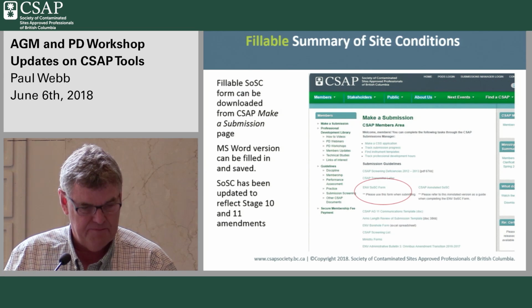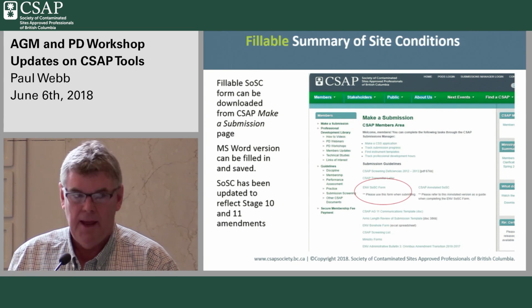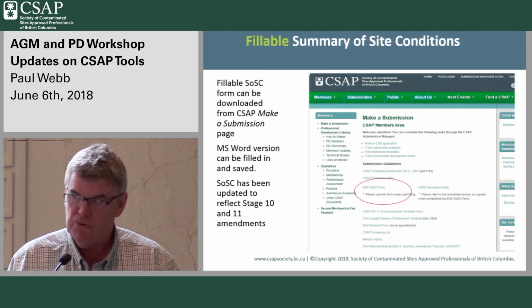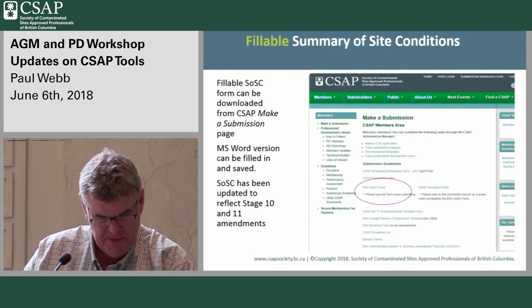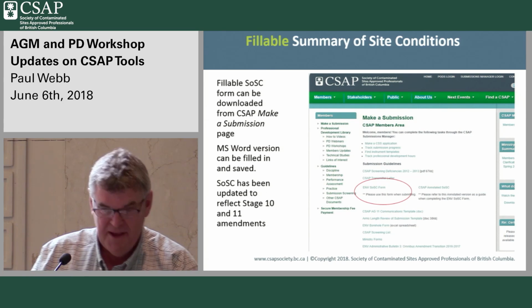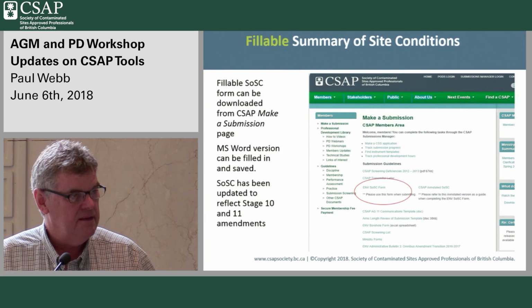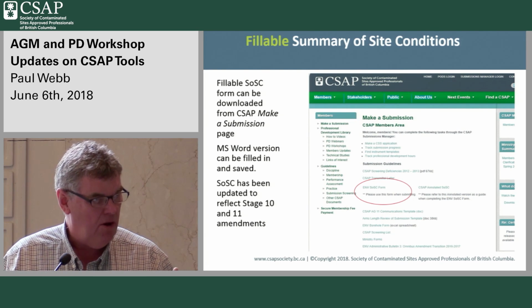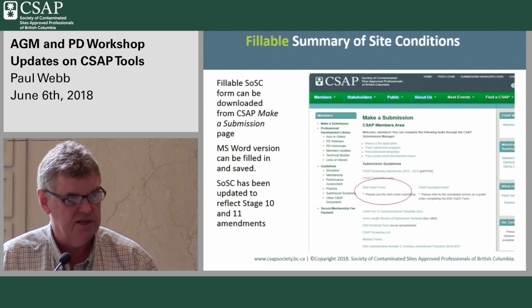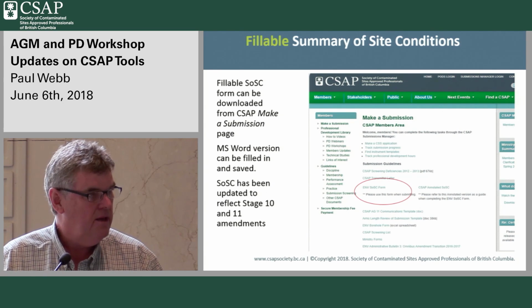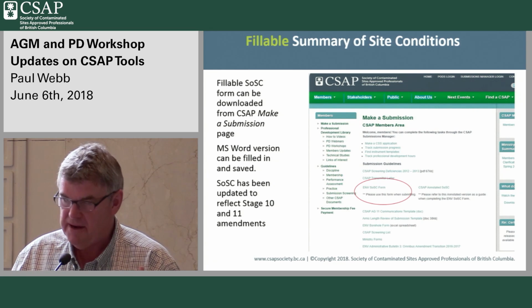We took the Word version of the summary of site condition, and we locked down the sections that we're not supposed to change because people can't help themselves. And so anyways, this form is available, and it has all the, like the Protocol 21 flowchart for the hydrogeology section is already there. So the document is there, it's ready to use, you can edit it.